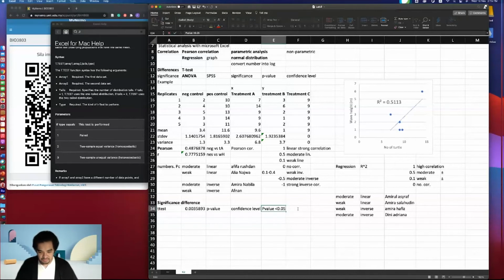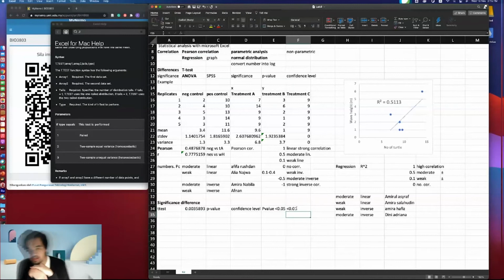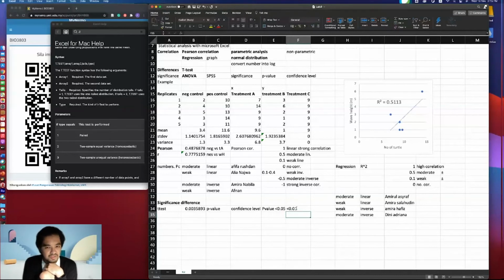Or they choose even stricter, p-value less than 0.01, depending on the type of experiment. 0.05 indicates a 5% chance of making a type 1 or false positive mistake, and 0.01 a 1% chance. So the smaller it gets, the lower the chance of committing the false positive mistake in the statistical analysis. That's what it means.